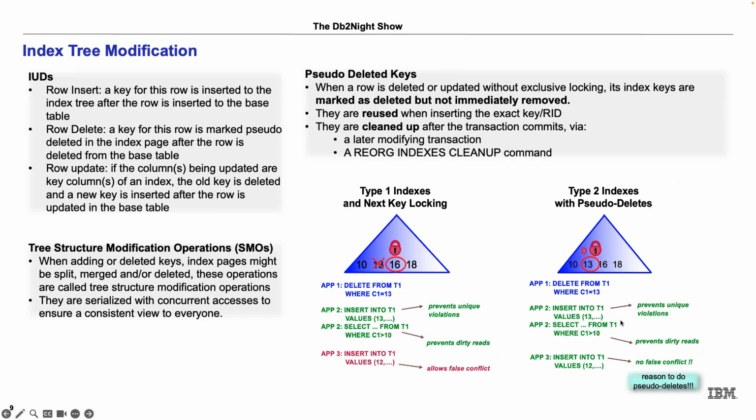And when we move on to type 2, we use the pseudo deletes, which avoids the false conflicts and provides better concurrency. Okay, so this is a review of the tree modification and pseudo deleted keys, and also why we choose pseudo deleted keys in DB2.